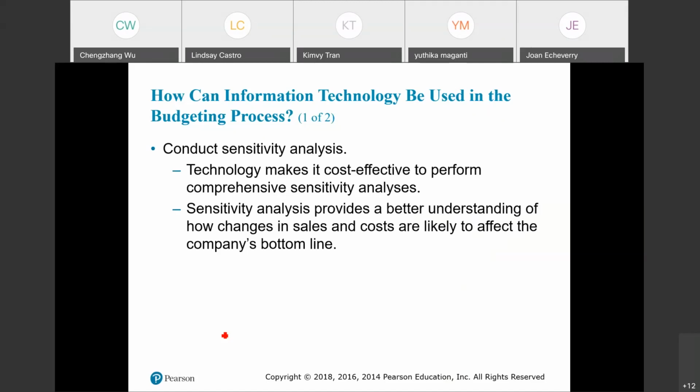We previously defined sensitivity analysis as a what-if technique that asks what a result will be if a predicted amount is not achieved or an underlying assumption changes. For example, what if the stock market crashes? How will this affect the company's sales?